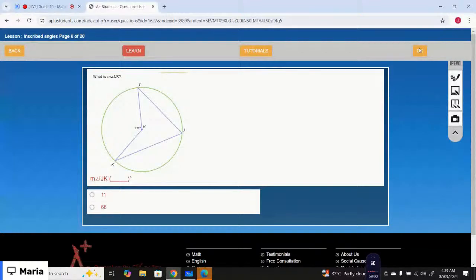That is 66 degrees. Option number 2 is the correct option.